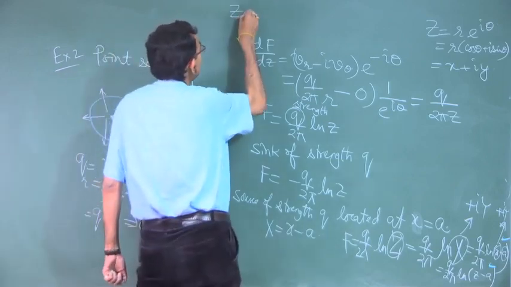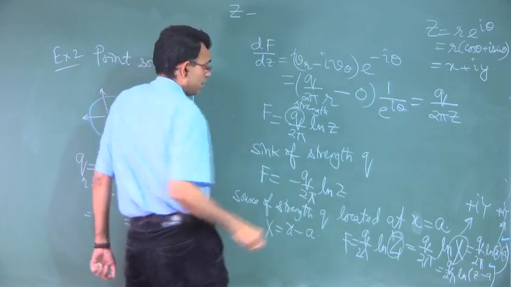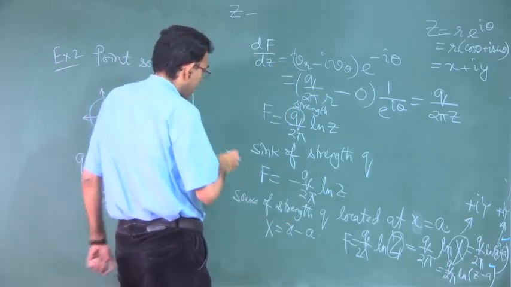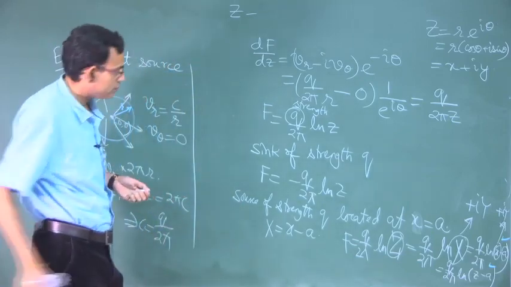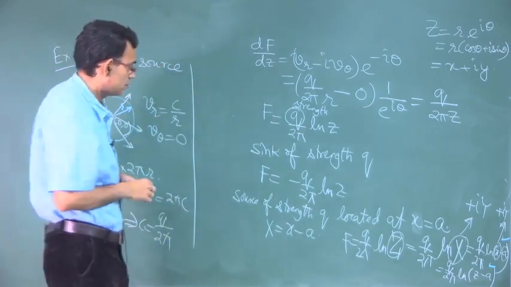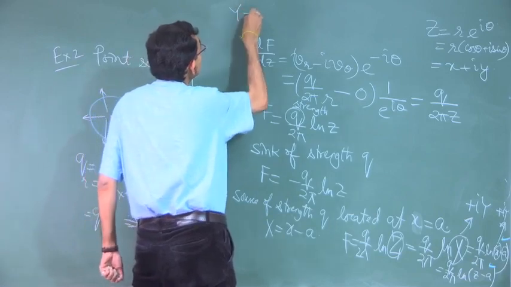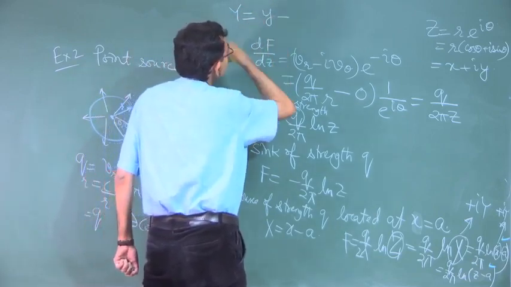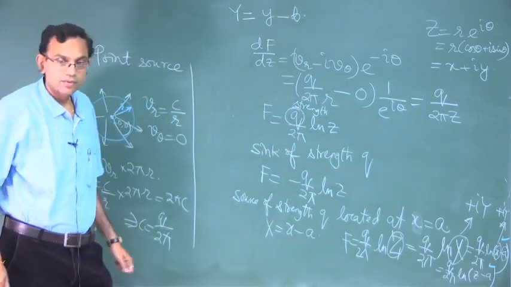So, that will be z minus capital Y. Okay.